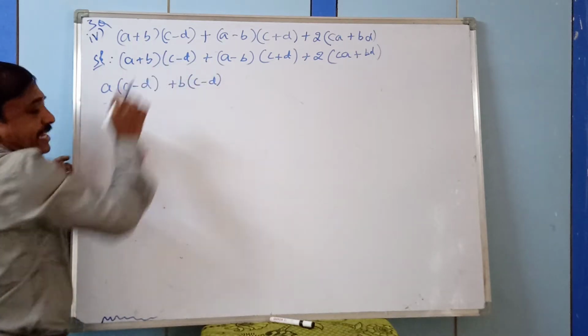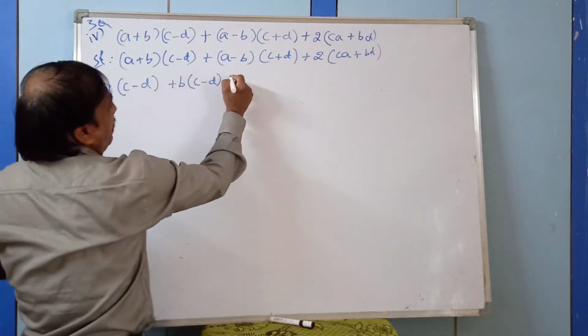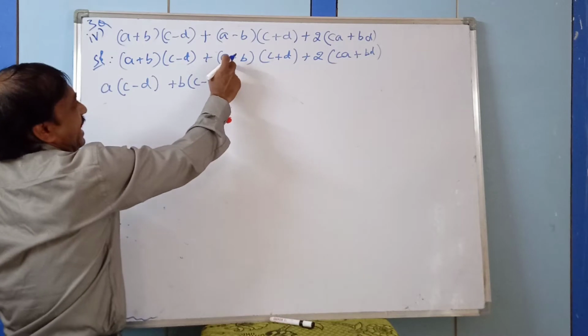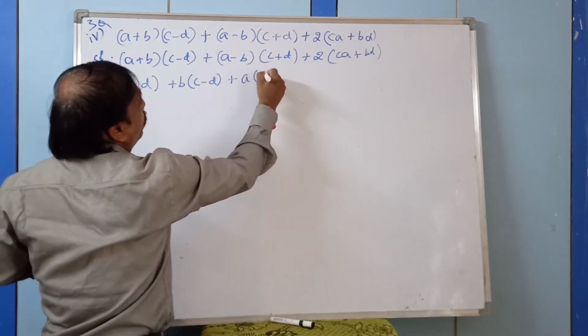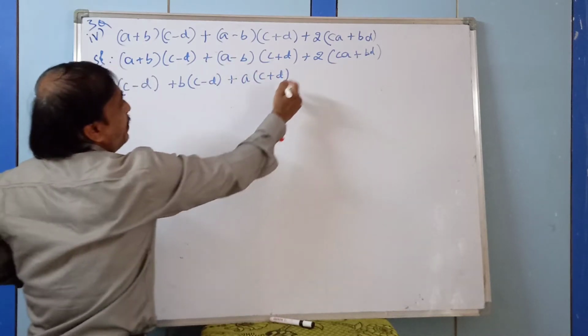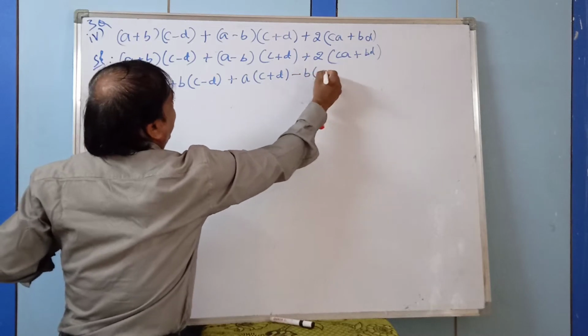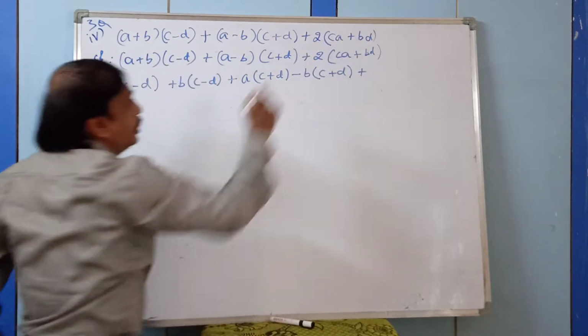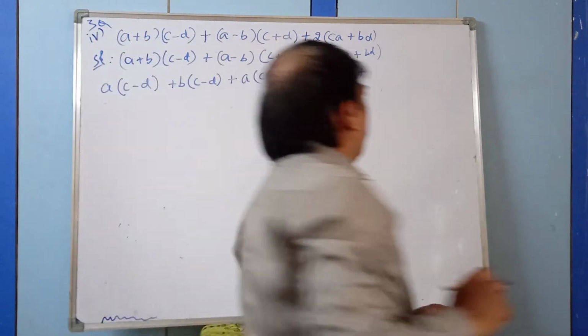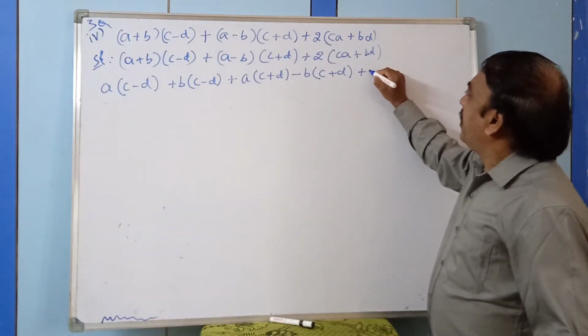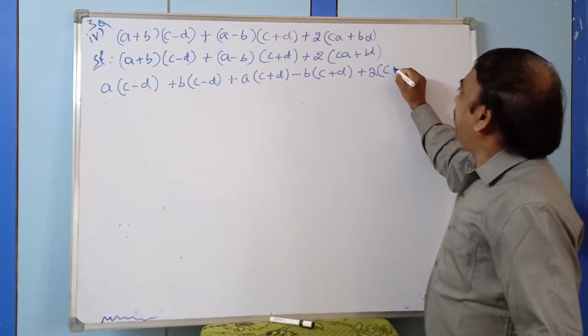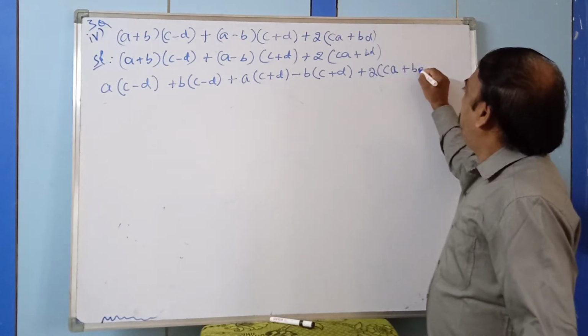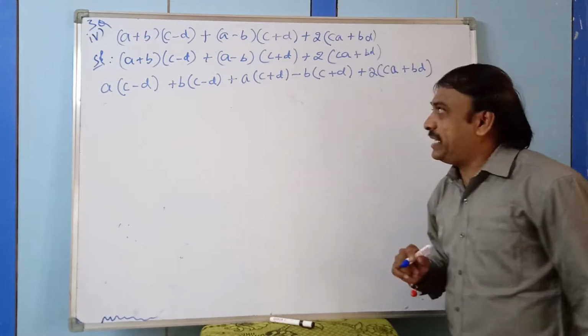This is the first step. Then the second one: plus, with a I am doing this, a into (c + d) minus b into (c + d), plus 2 into (ca + bd).